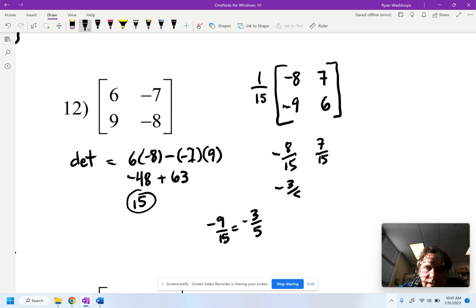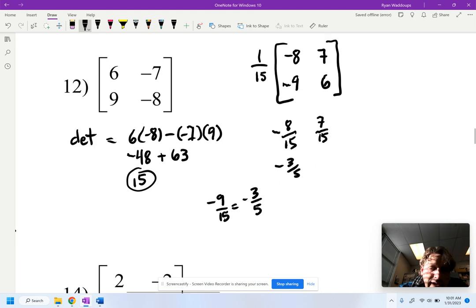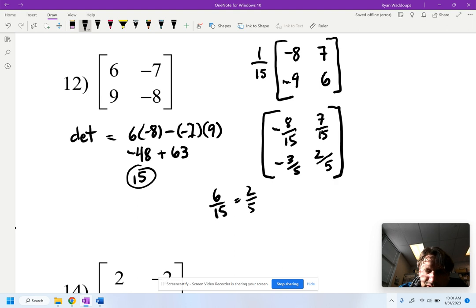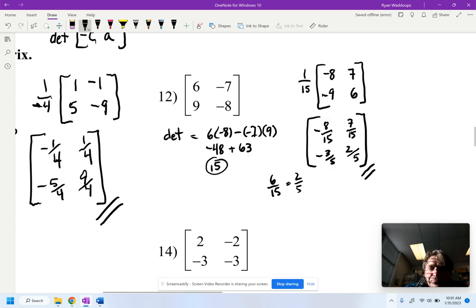And then 6/15, again you can simplify that. Both are divisible by 3, so 3 goes into 6 2 times, and 3 goes into 15 5 times, so that's 2/5. And this new matrix is our inverse of the given matrix.